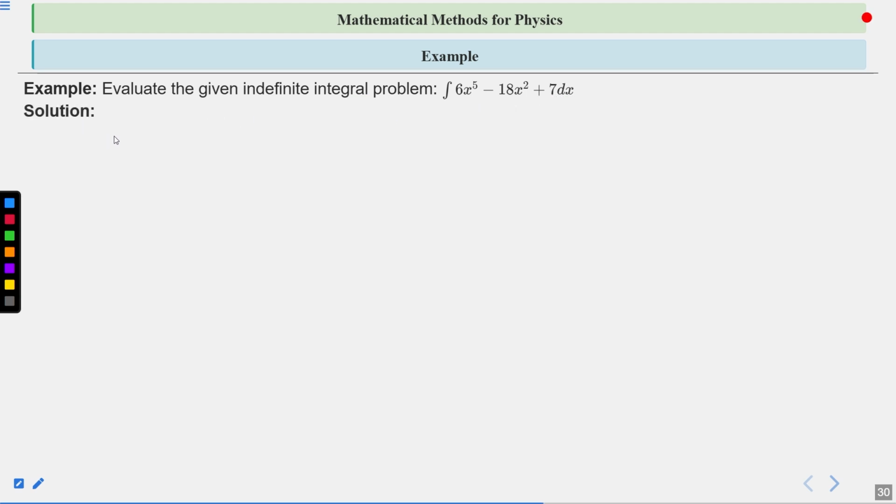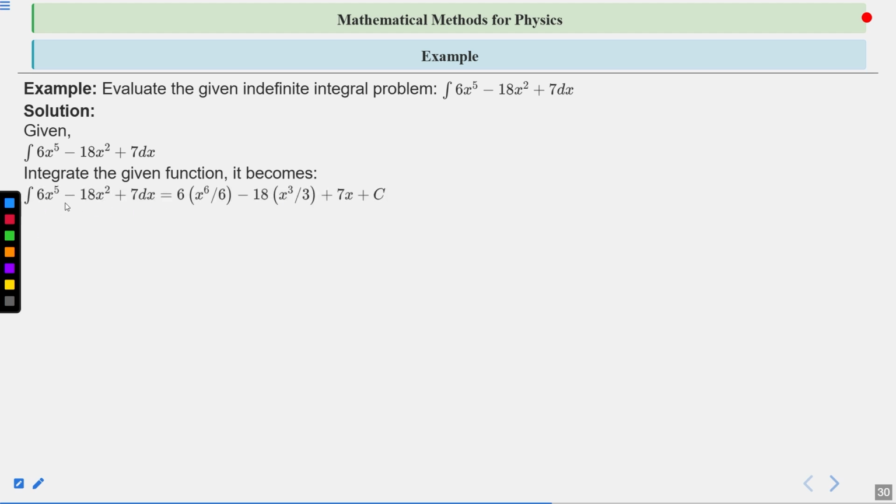Solution. Given integration 6x raised to the power 5 minus 18x square plus 7 dx. So integrate the given function. It becomes 6 as it is, and integration of x raised to the power 5 is x raised to the power 6 divided by 6, because 6 here is a constant.